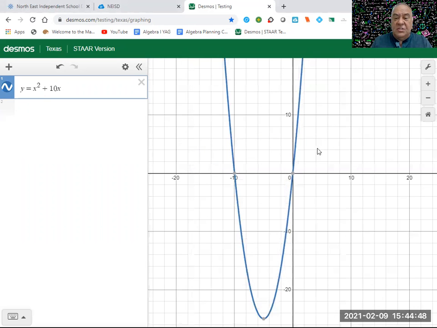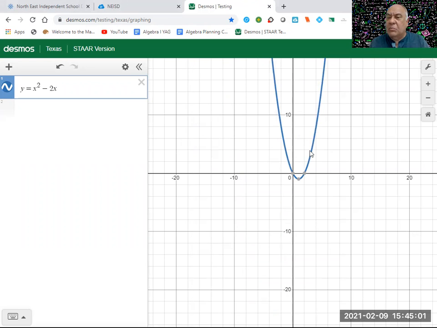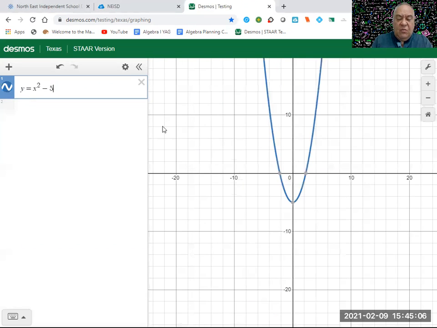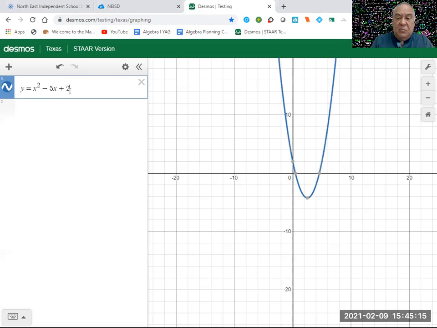It's still moved to the left of the y-axis, and now your axis of symmetry is negative 5. What if I put y equals minus 2x? Notice how it's moving to the right a little bit. Minus 5x, it's moving to the right. And if I put in a y-intercept term, right now it's 0, so plus 2, there it is. It just moved the whole thing up 2.